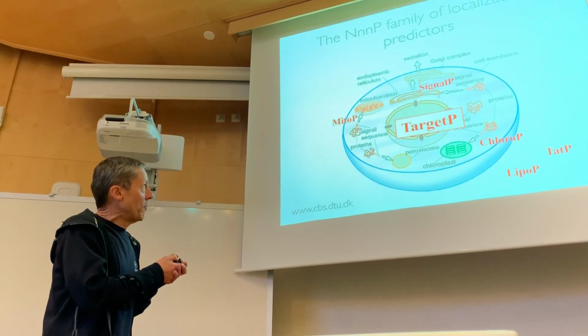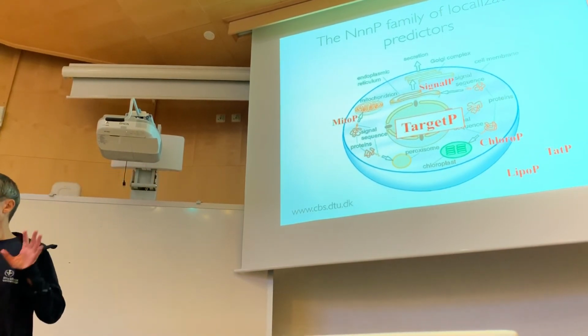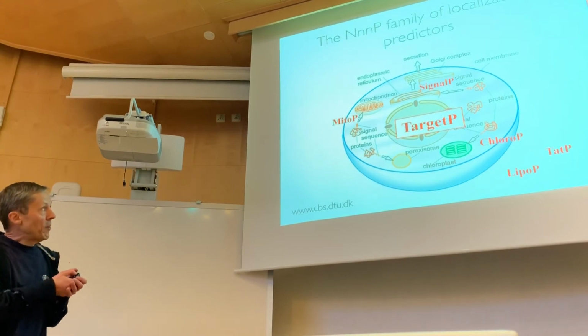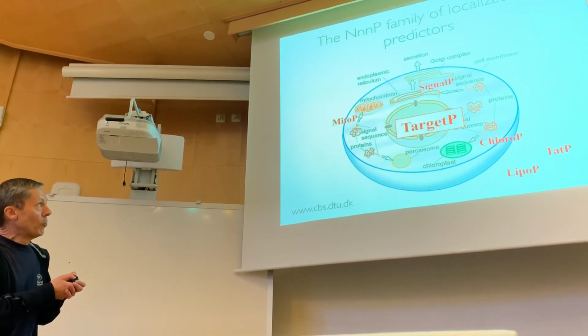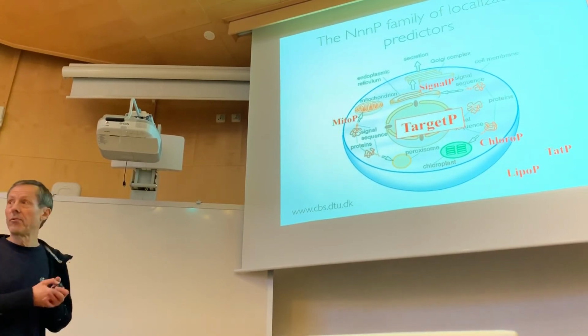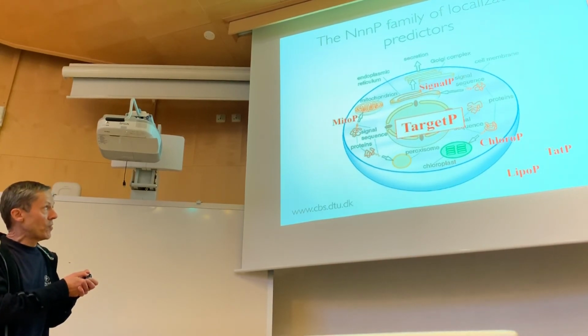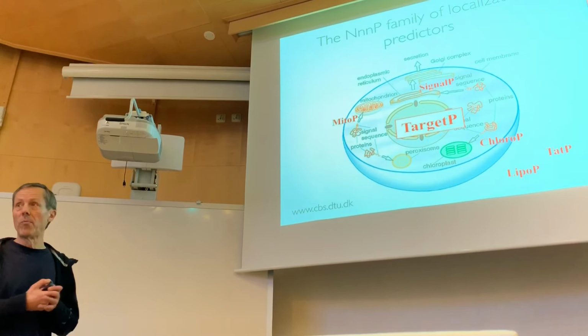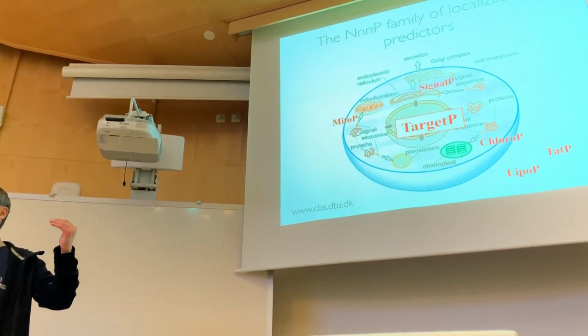And the connection between this and membrane protein bioinformatics is that, if you go back to the cell, membrane proteins, let's say plasma membrane proteins, are also targeted through the secretory pathway. So they are initially targeted to and inserted into the membrane of the endoplasmic reticulum, if they're destined for the plasma membrane, for instance.